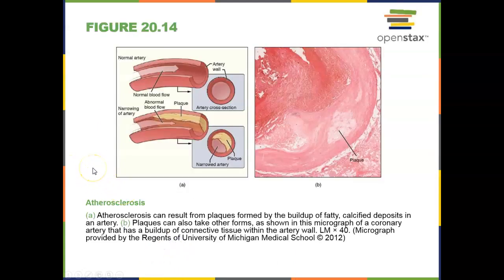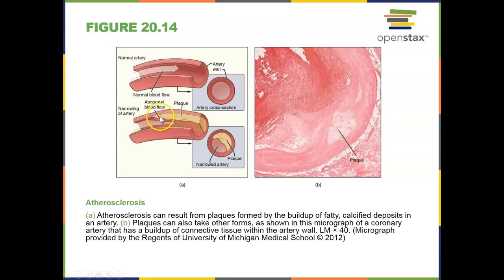Another disorder associated with arteries is atherosclerosis. This occurs when arteries get a lot of buildup on their walls. Here you can see plaque buildup in an artery. This is a diagram that kind of shows it. So typical flow of blood is going to be through that entire artery, right?